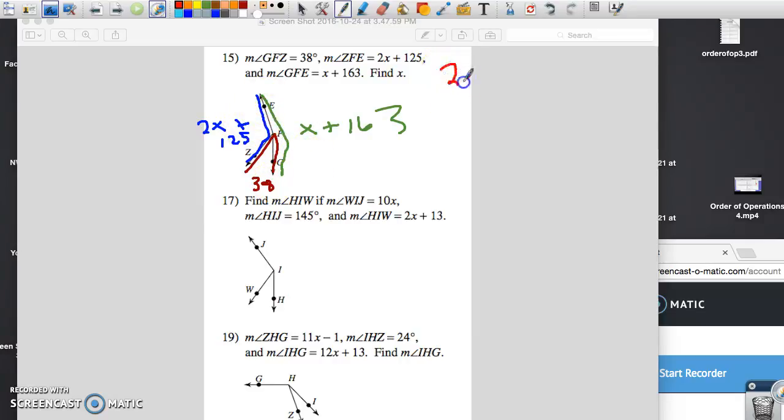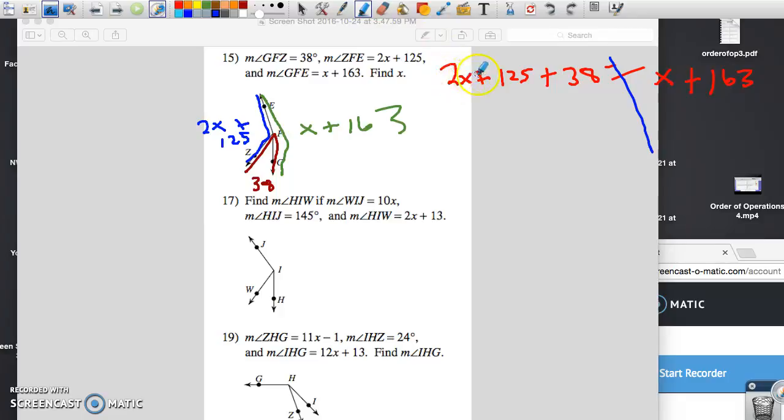So what I'm looking at is 2x plus 125 plus this one, which is 38, equals the large one, x plus 163. Now I can solve. My first thing that I'm going to do, check for like terms.